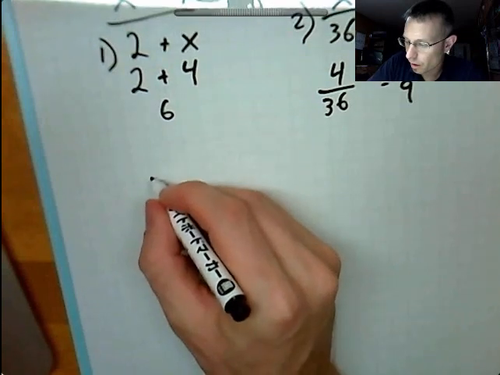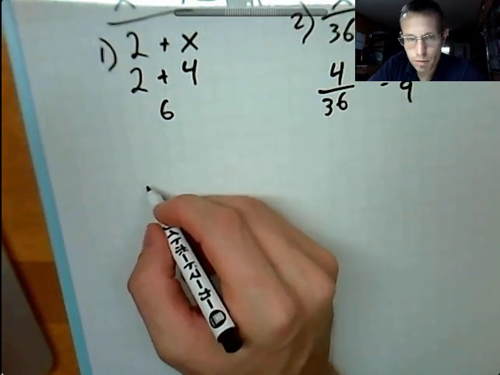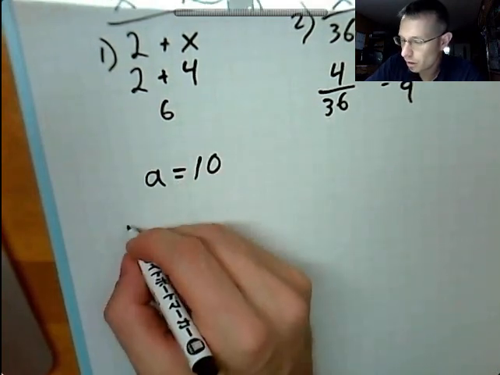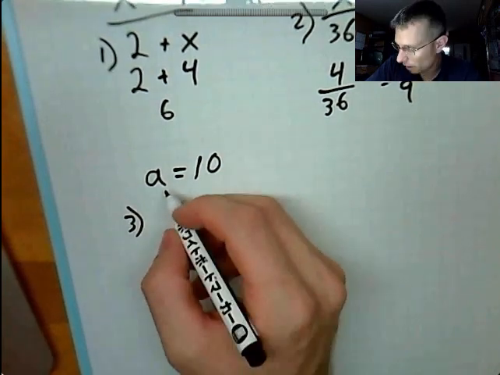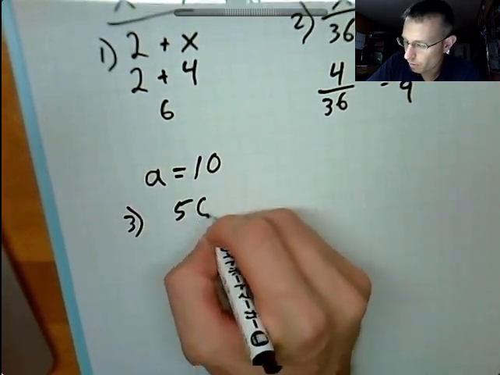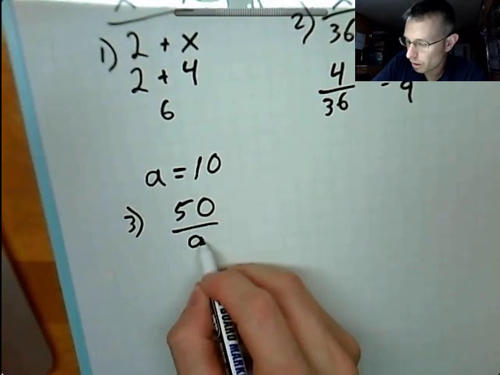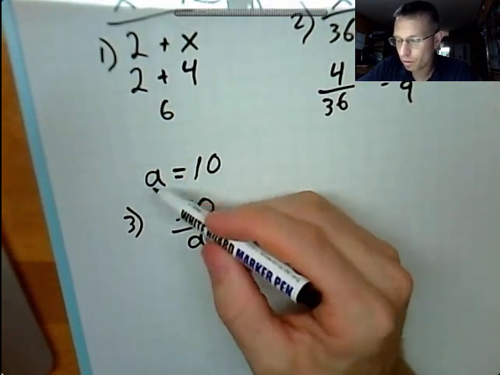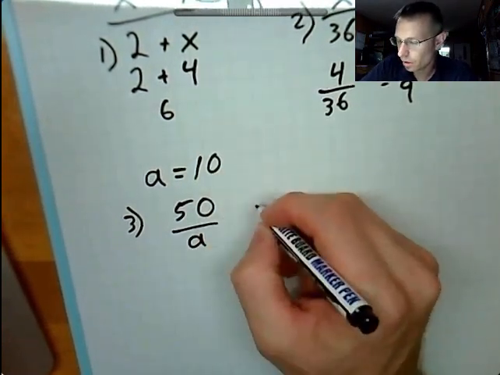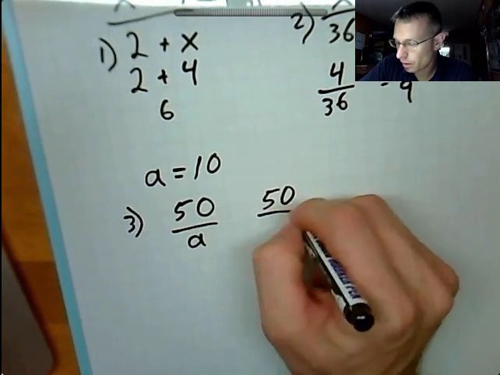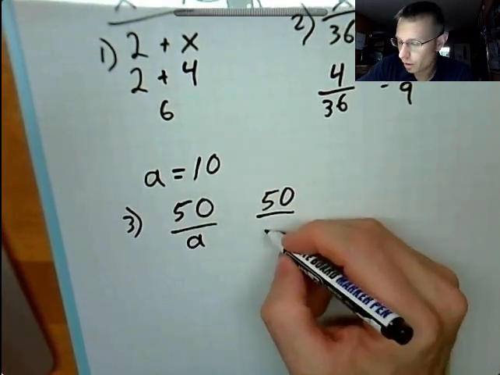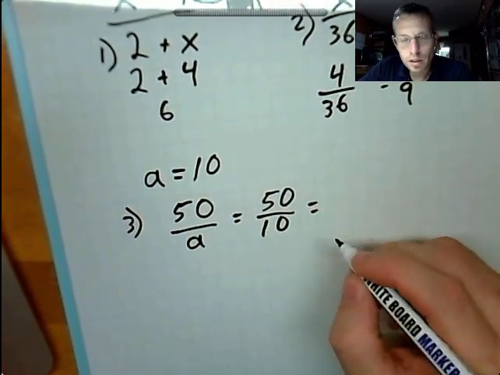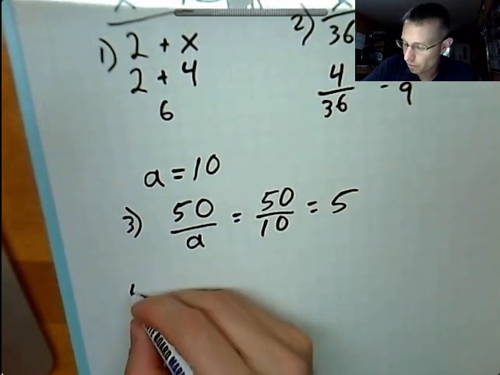Now how about if we say evaluate the expression if A equals 10, and the expression is 50 divided by A. So in this case, instead of having x equal 4, we'll have A equal to 10. That gives us 50 divided by, we'll substitute 10 in for A. And then 50 divided by 10 simplifies to 5.